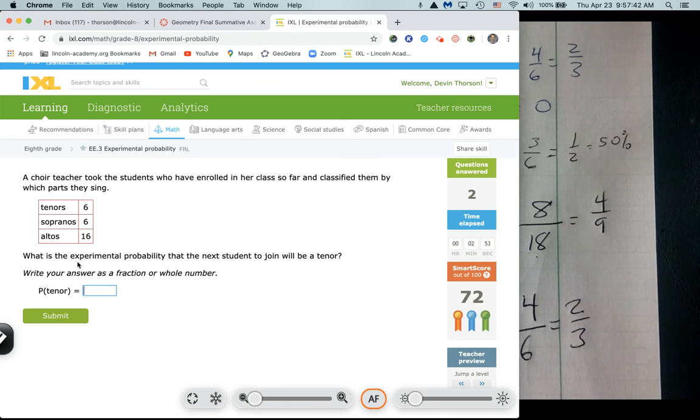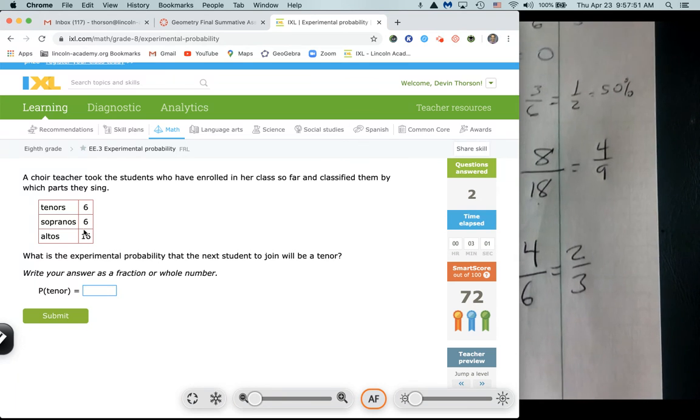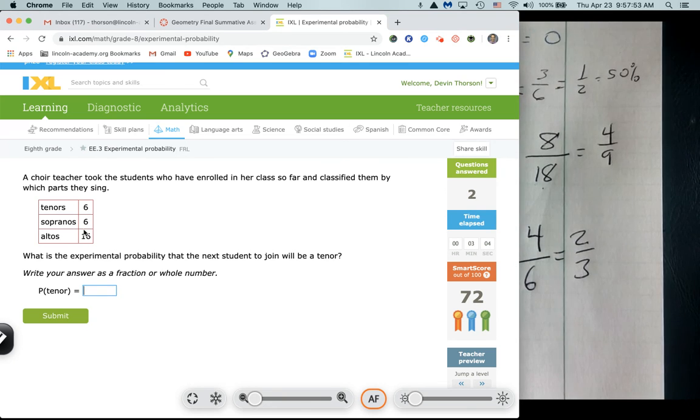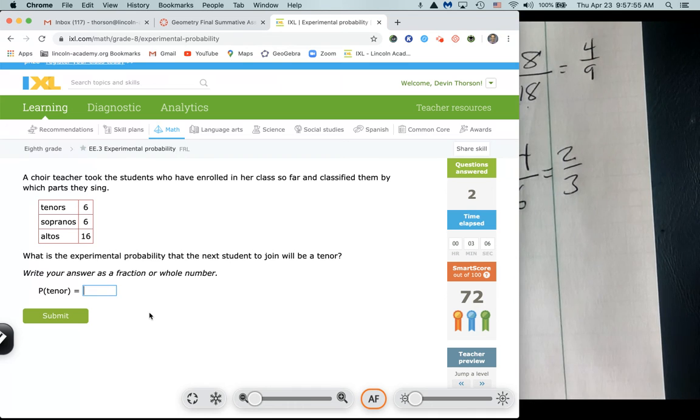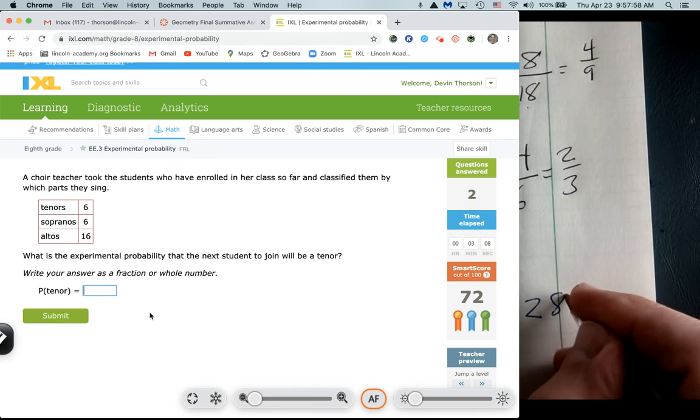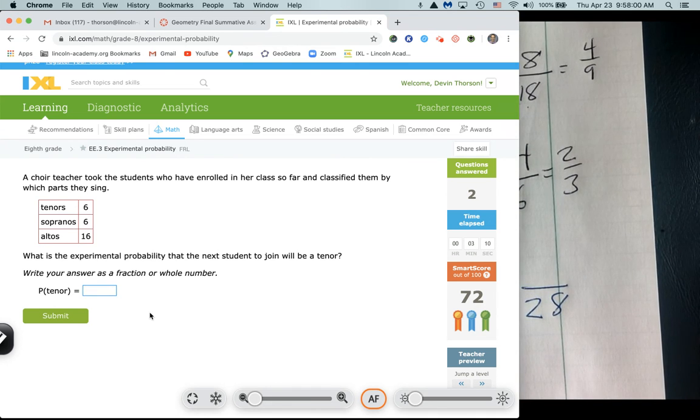So what we need to do is make sure we do the total. So what's the total number of people in the choir at the moment? Well, 16 plus 6 is 22, plus 6 more is 28. So there's a total of 28 people in the choir, and of those, how many are tenor?